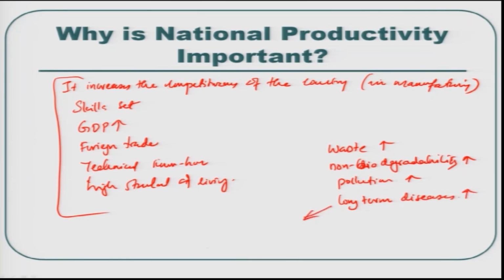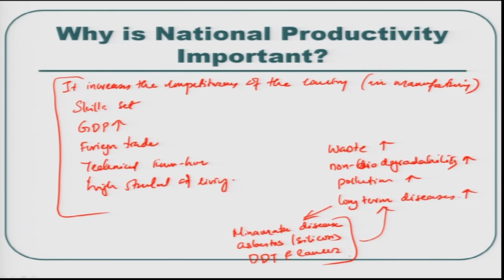I'll request you to read about something called Minamata disease. It is a phenomenon that happened in Japan. Then I'll ask you to study asbestos and silicosis, then DDT and cancer. So these are aspects that came out of the long-term disadvantages of pursuing national productivity.